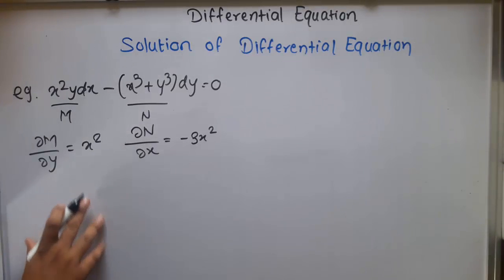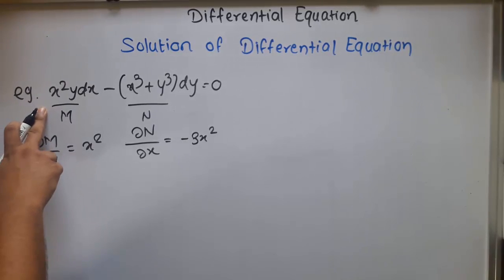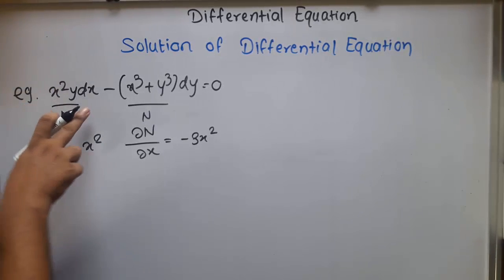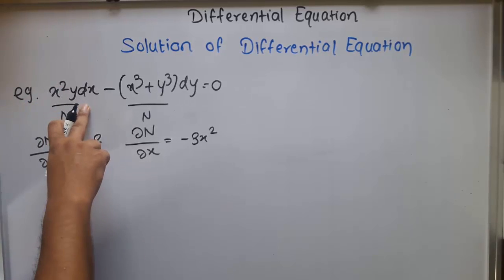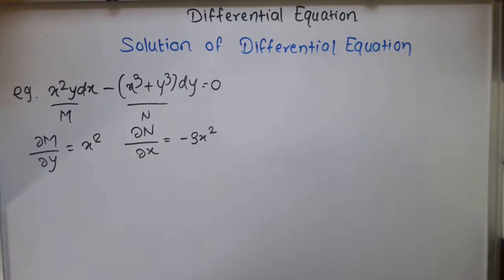So we use the first or second rule. Looking at this equation, this term has degree 3, which is 2 plus 1, and this term has degree 3. That's why this is a homogeneous equation.